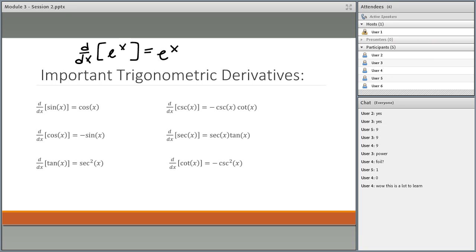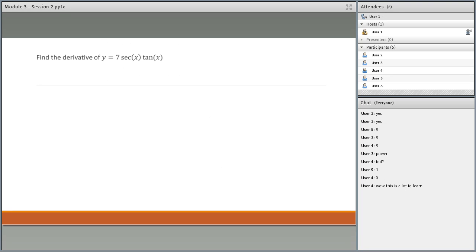So let's do some examples with trigonometric functions. Let's find the derivative of y equals 7 secant x tangent x. What derivative rule do we think we're going to need here?